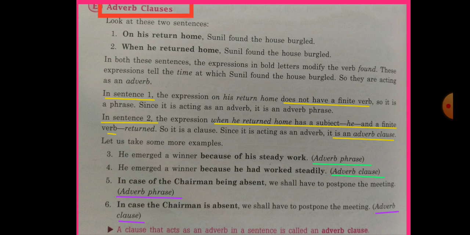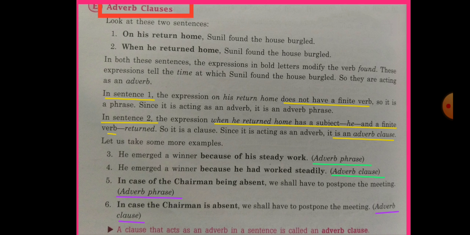Now look at the third sentence. He emerged a winner because of his steady work. In this sentence we don't have any finite verb, so it is also a phrase. It is an adverb of reason, so it is an adverb phrase. Sentence 4: He emerged a winner because he had worked steadily. In this group of words we have a subject, that is he, and a finite verb, that is worked.